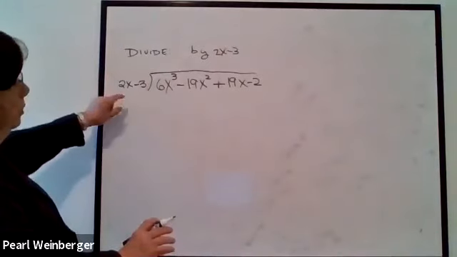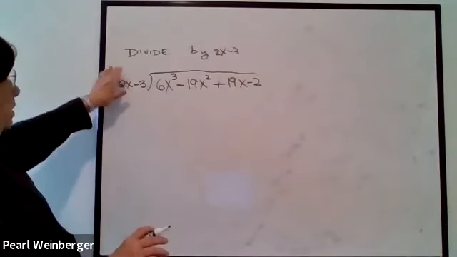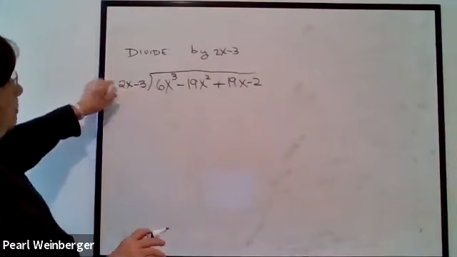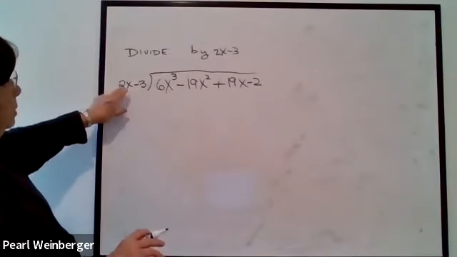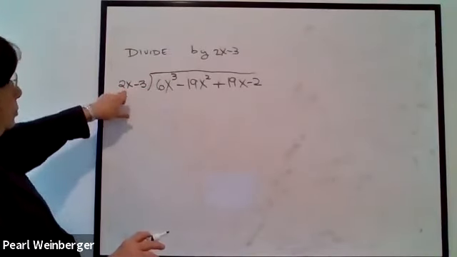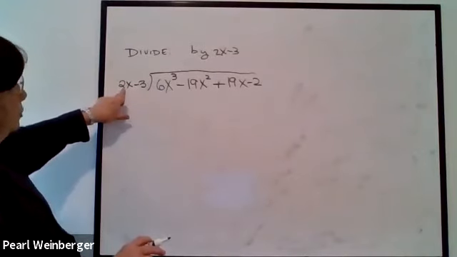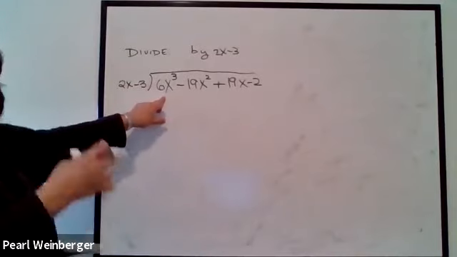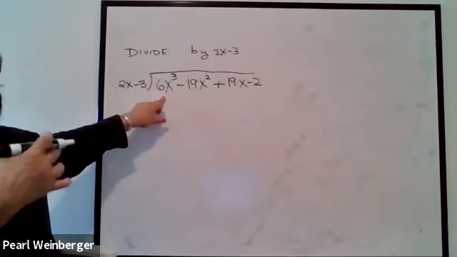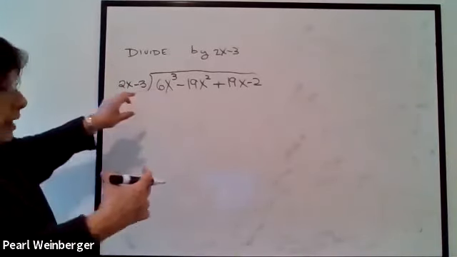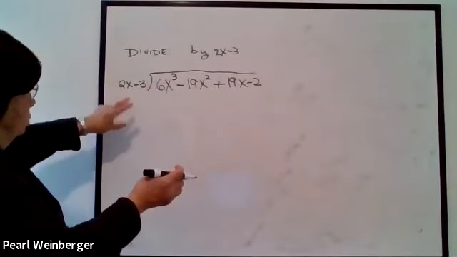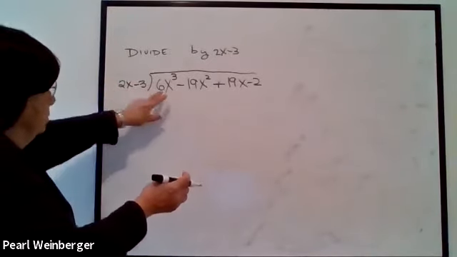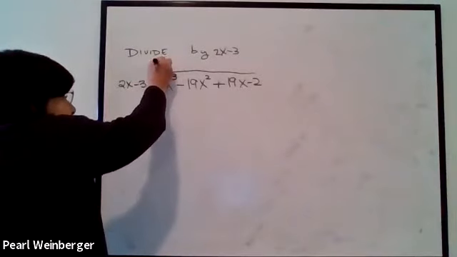And if you recall, what we said to do is, because it's very hard to divide by the whole binomial, just work with the first term, the 2x. Divide the 2x into the 6x cubed. Actually, all we're doing is trying to get a guess as to what we should put on top. Well, that's not so hard to do, because when I divide the 2 into the 6, that'll give me 3.